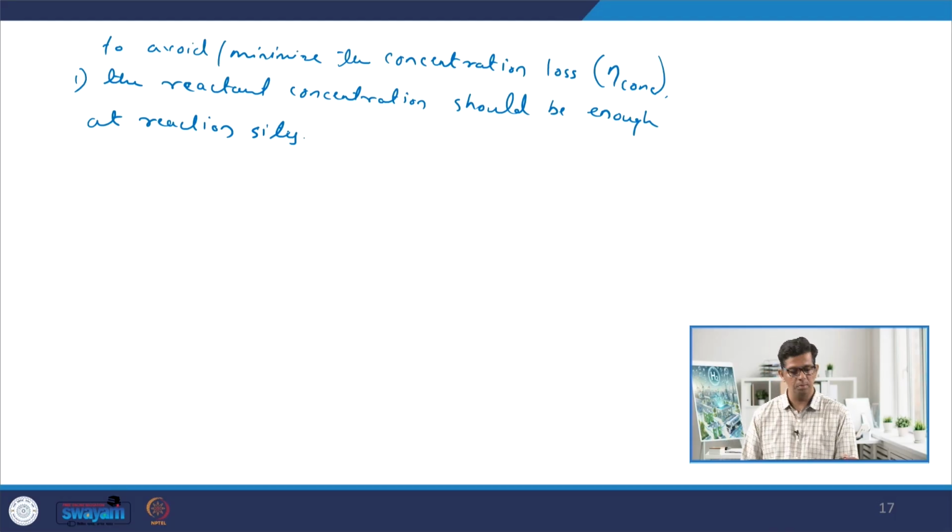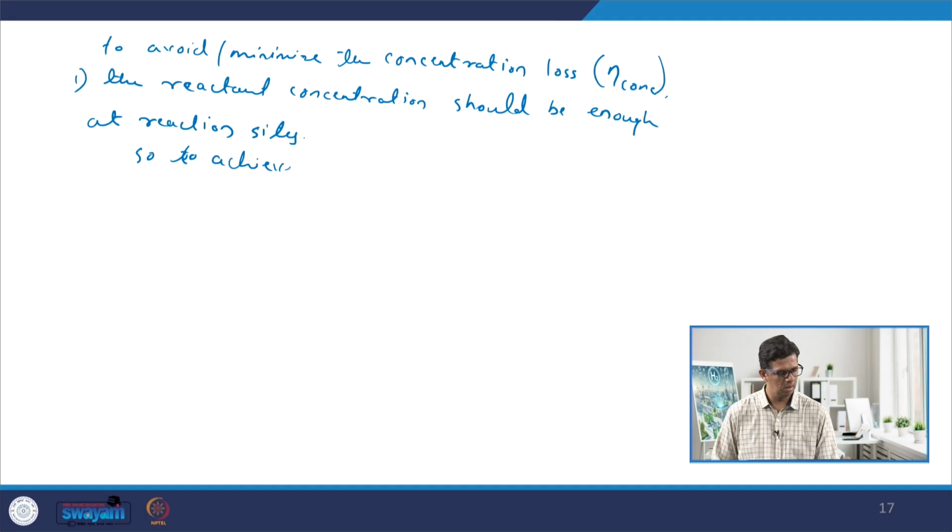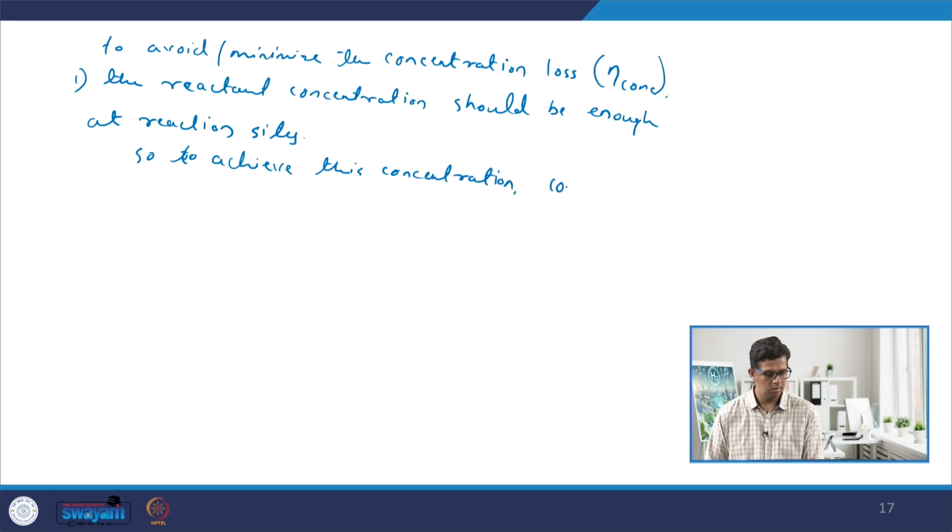And how do we do this? To achieve substantial quantity, or to have enough concentration of reactants at the reaction sites, we should have better convective flow of species.